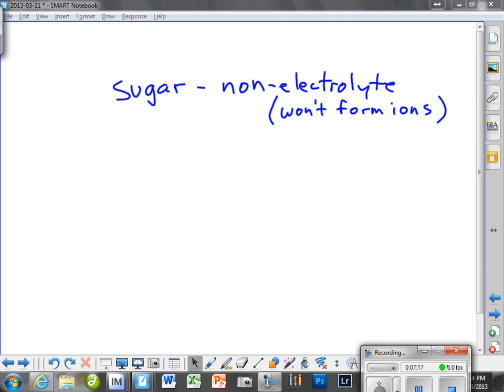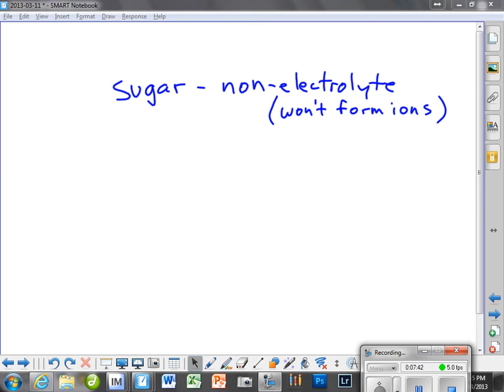Okay, what you're looking at right now is just what we were talking about in our demonstration to show what an electrolyte is. It's something that forms ions, and it's important because when you form ions, you get more particles in the water. Okay, every ionic compound gives you at least 2 particles for every molecule that you put in the water.